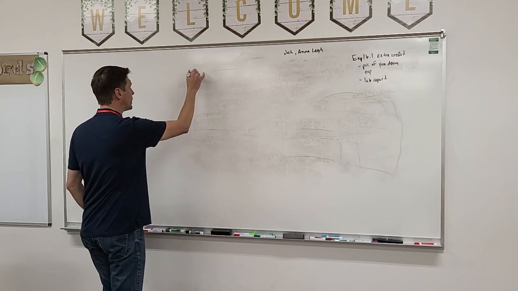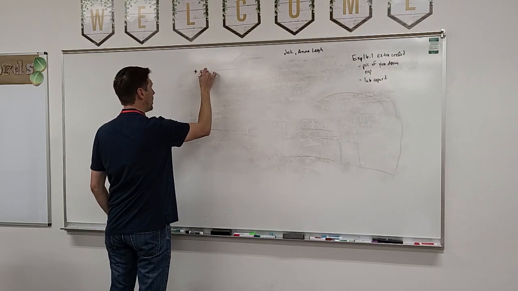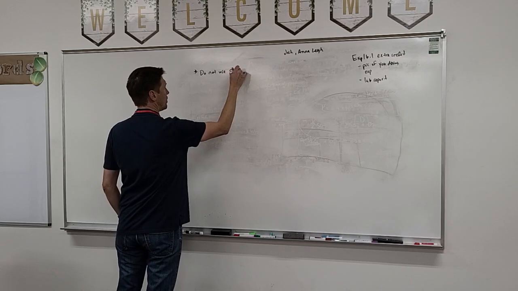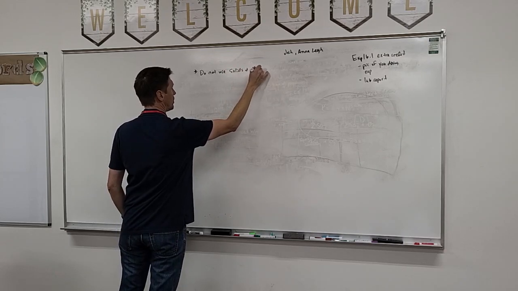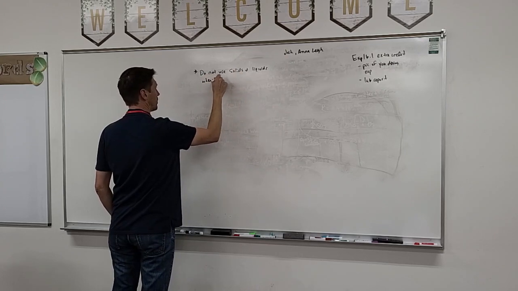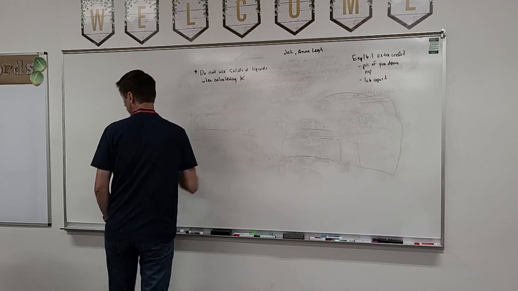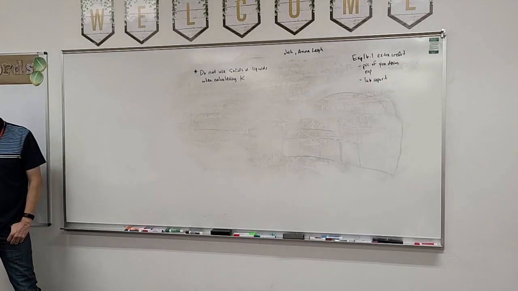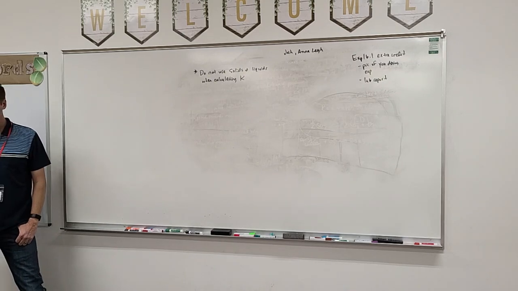And so one of the things that we need to remember is do not use solids and liquids when calculating K. All right, so you can just ignore those. If you've got solids and liquids in your equation, they do not affect the equilibrium constant.